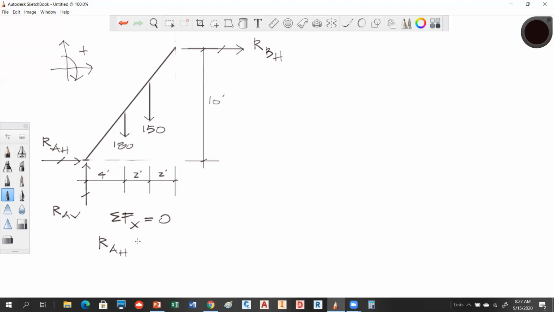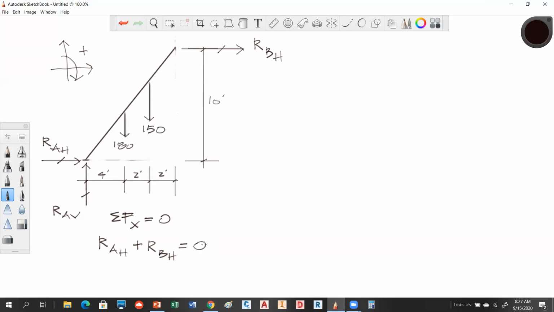Plus RBH. Anything else in the horizontal direction? That's everything, right? So those have to equal 0 by equilibrium, correct?